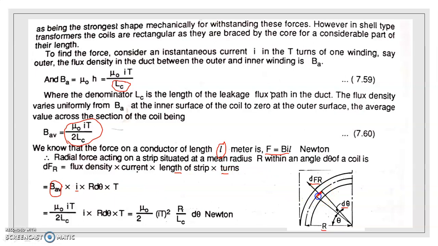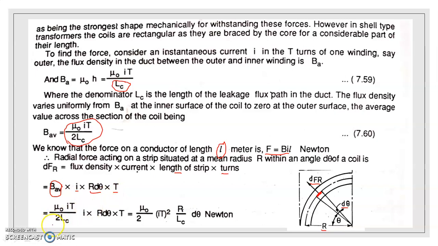This length of strip is an arc, which can be calculated with the simple fundamental, radius into the angle. The radius is r and the angle is d theta. So the length of the strip is r into d theta, and the number of turns T are the number of turns on the outer surfaces.